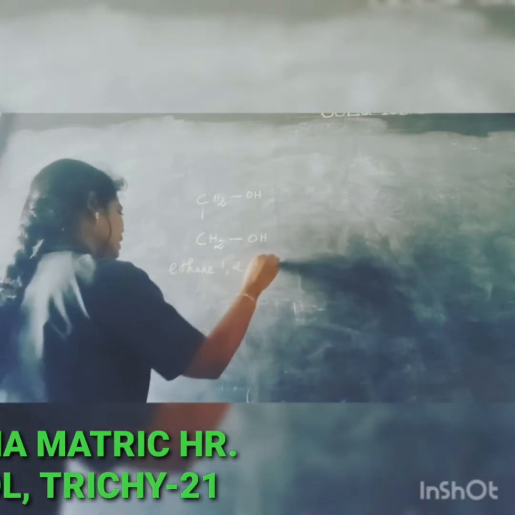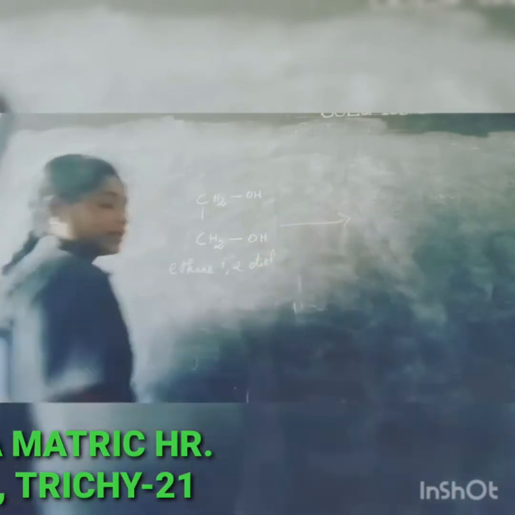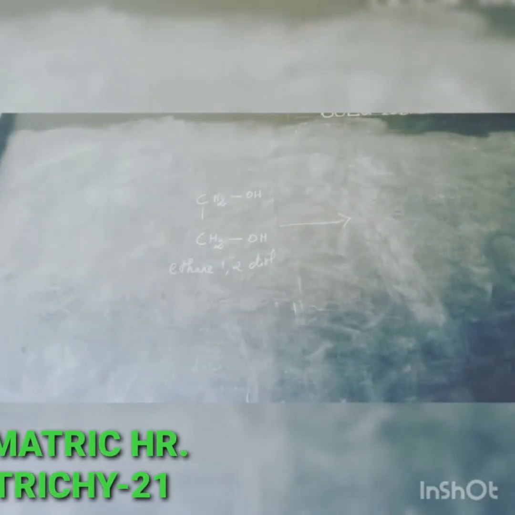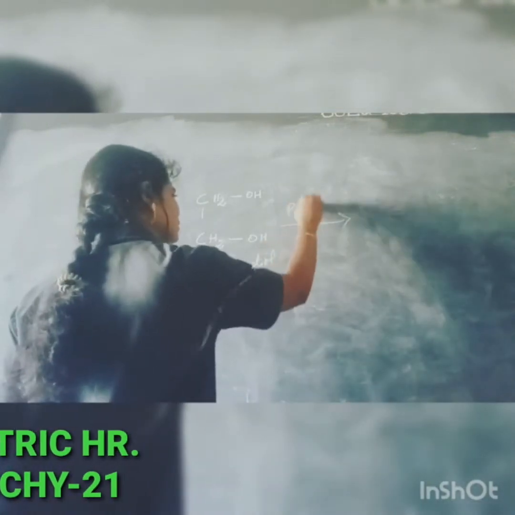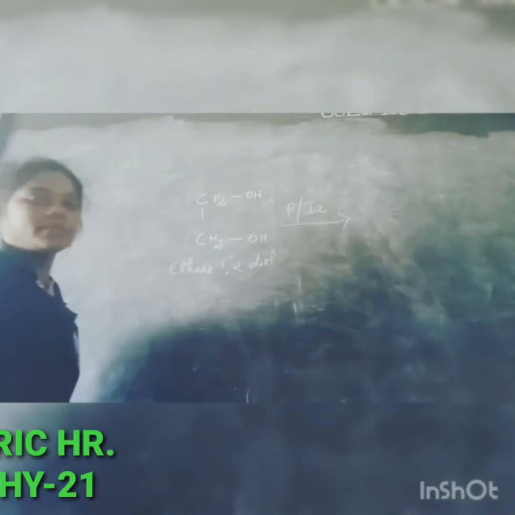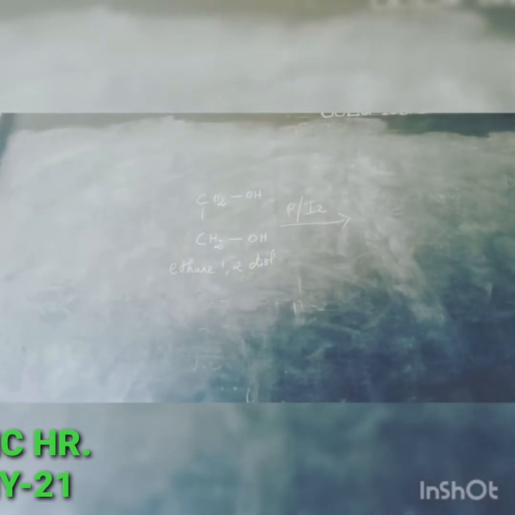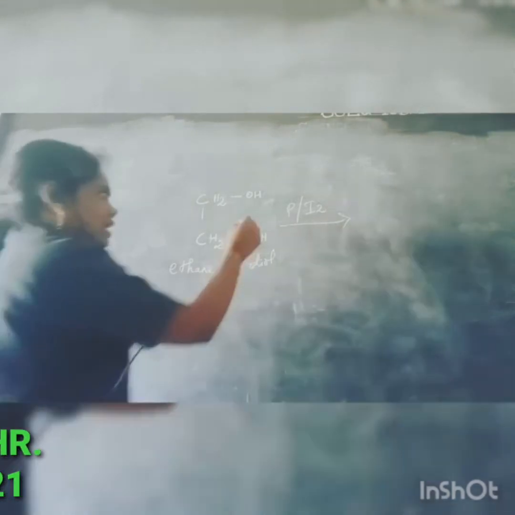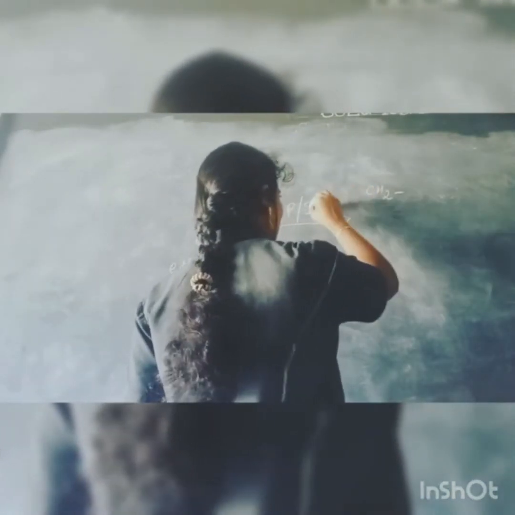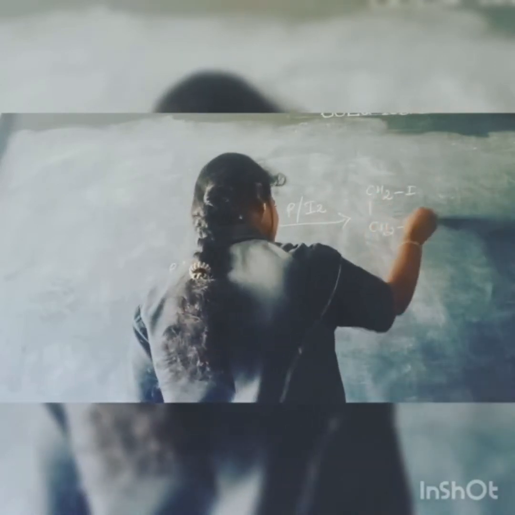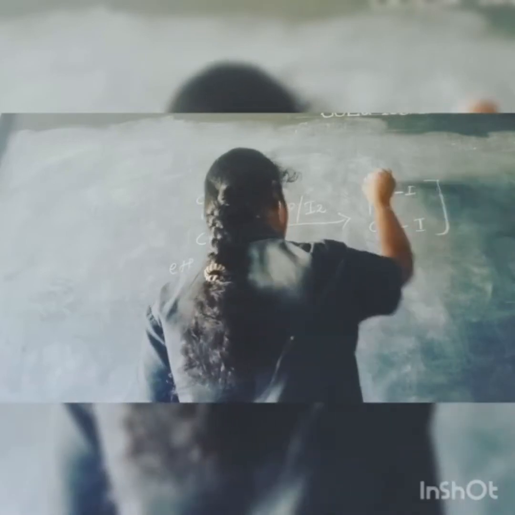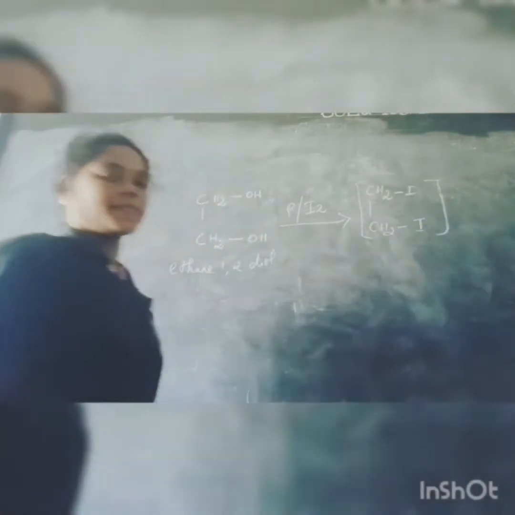That is reacted with phosphorus tri-iodide. So what is formed here? CH2I is formed. Here the hydroxyl group is removed. So CH2 with this iodine, CH2 with another iodine.